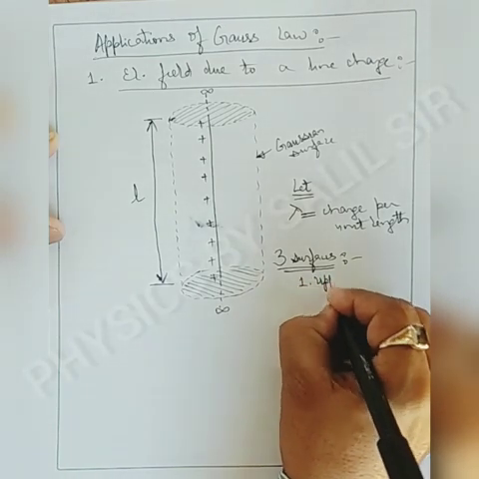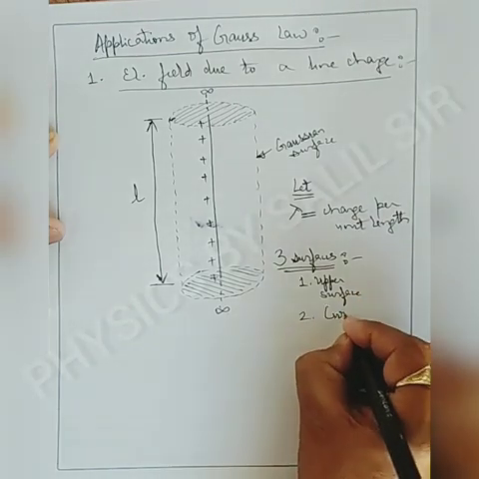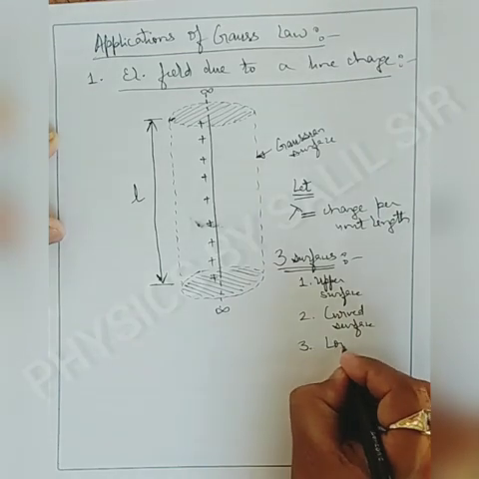First is the upper surface, second is the curved surface, and third is the lower surface.